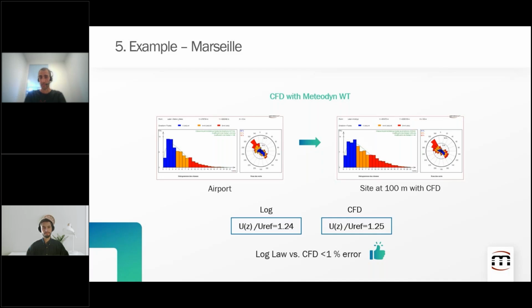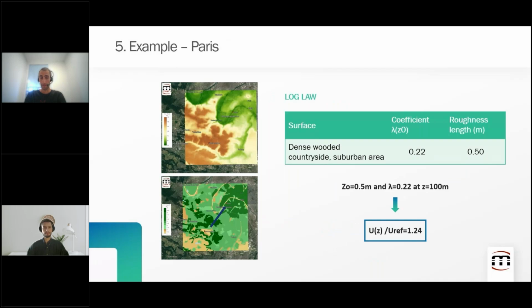Let's move to the next example. This is Paris. So again, I transfer from the airport to the city. Here, the airport is a military airport in the southwest, Villacoublay, to the city. So I apply again the log law in the suburb, and this will give me the same number, 24% more wind speed.